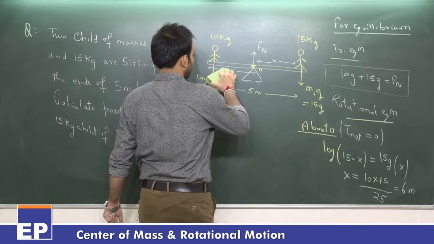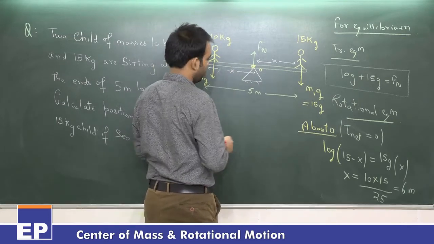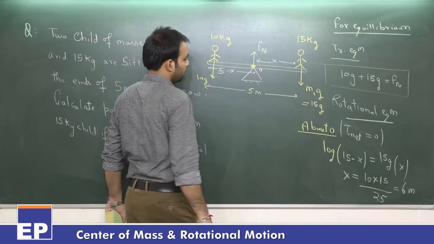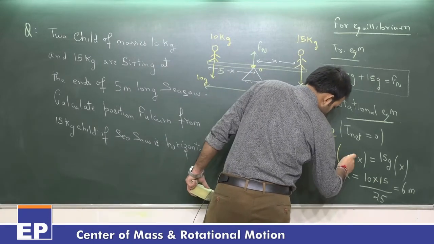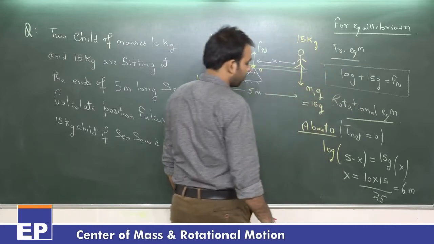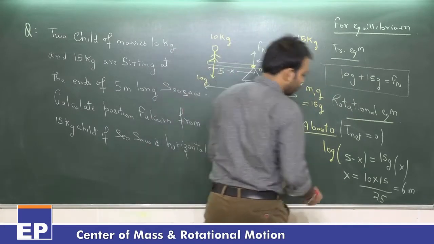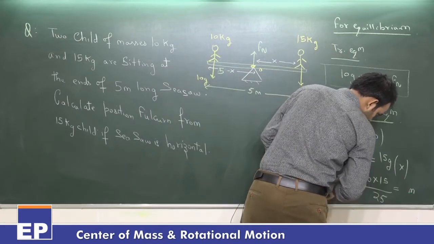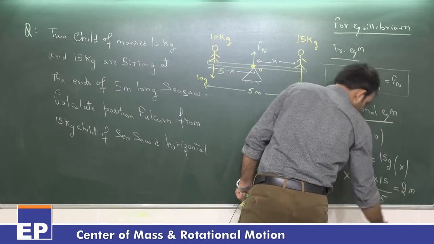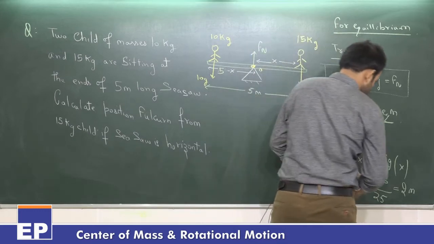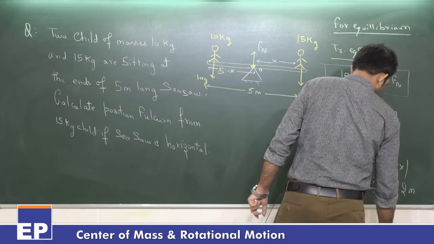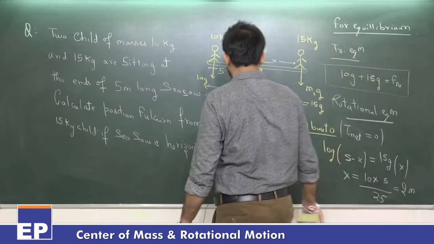That's wrong, I have taken it wrong. This is 5 minus x. Sorry, the length is 5 minus x. If this is 5 minus x, this is also 5 minus x. If this is 5 minus x, that will become 50g and that is 25g. That will come out to be 2 meter. This is the thing, right?